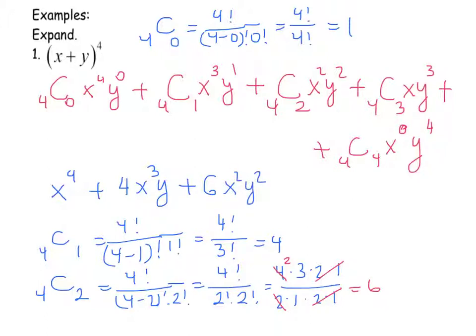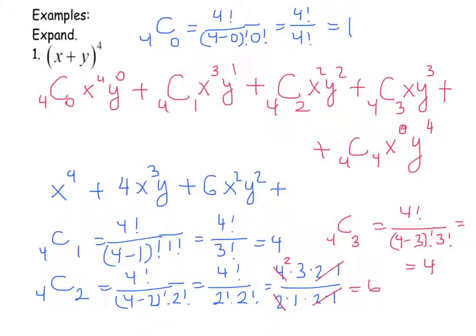Then the following term is going to be combination of 4 choose 3, which is 4 factorial over 4 minus 3 factorial times 3 factorial, which will give me the same answer as 4 choose 1. So the final answer here is going to be 4.